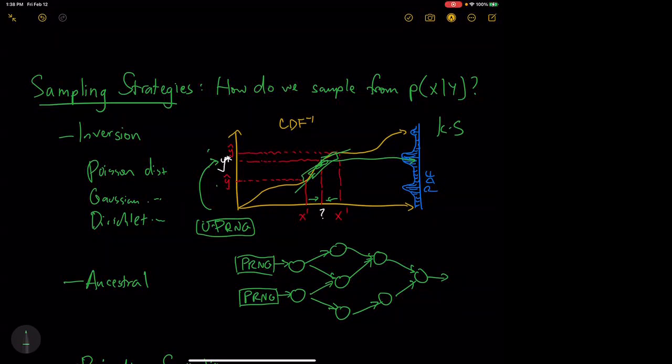So this is one of the simplest ways to do inversion sampling. Usually this is done for a unimodal distribution, but you can do this for more complex mixtures of distributions as well.